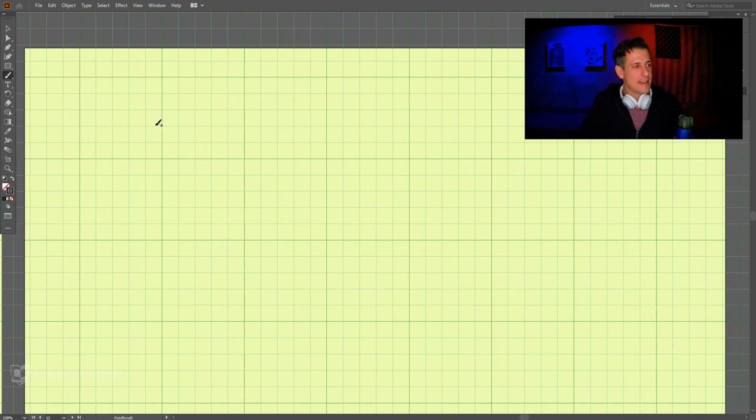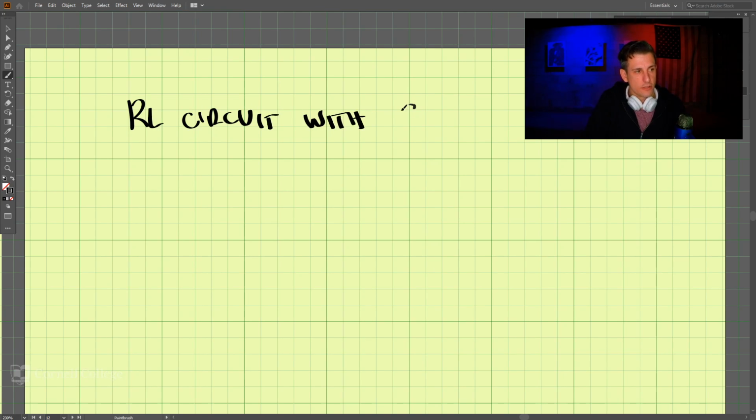Okay, so let's look at an RL circuit with a source.